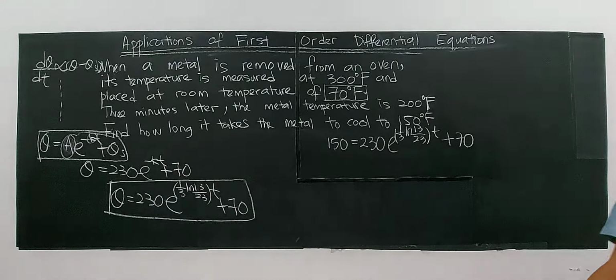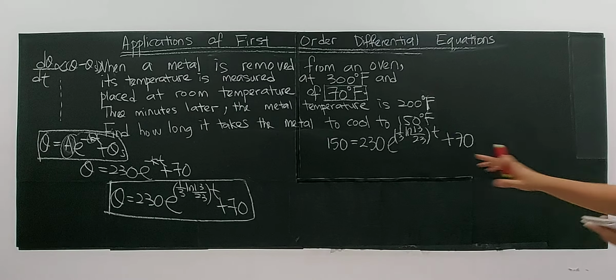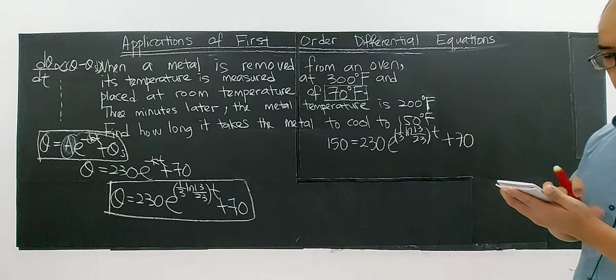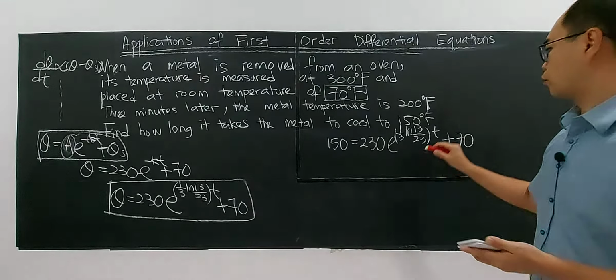So 150 minus 70, divided by 230, we have 8 over 23.